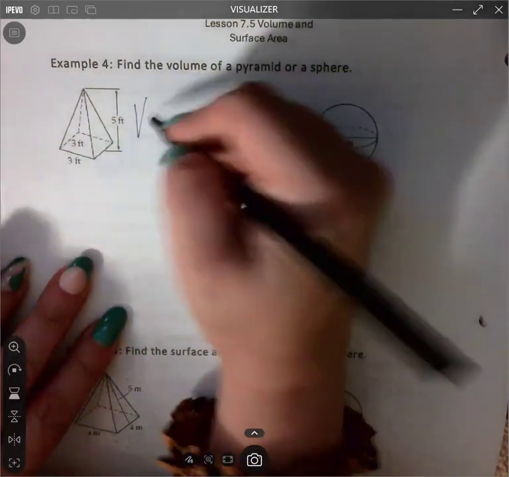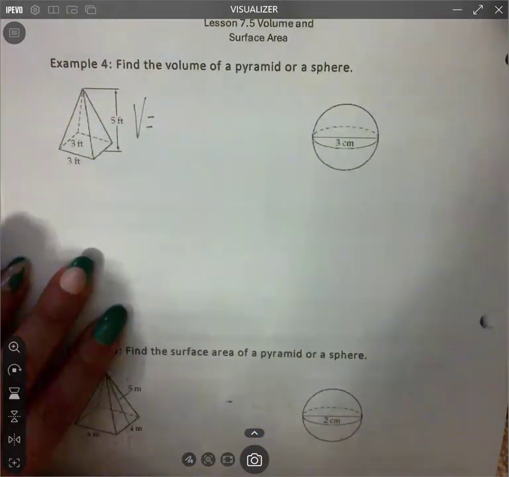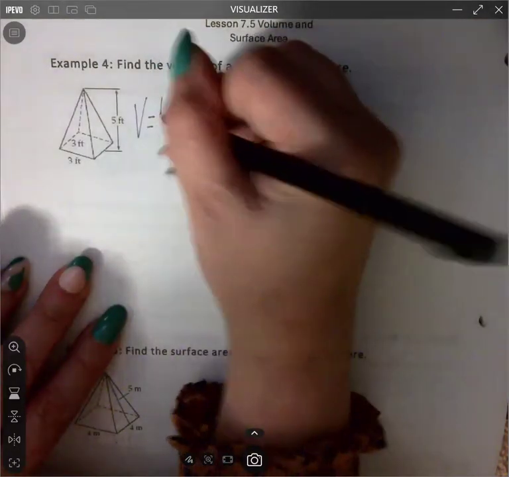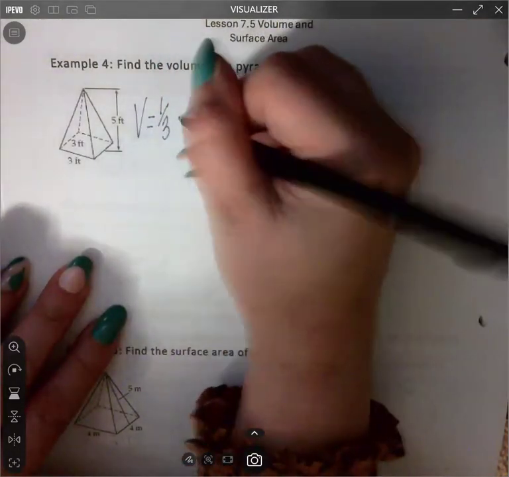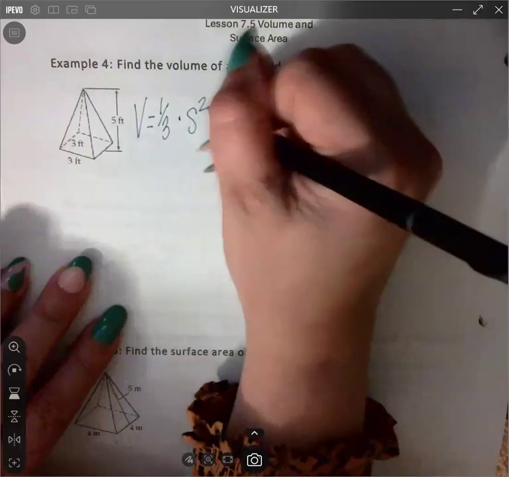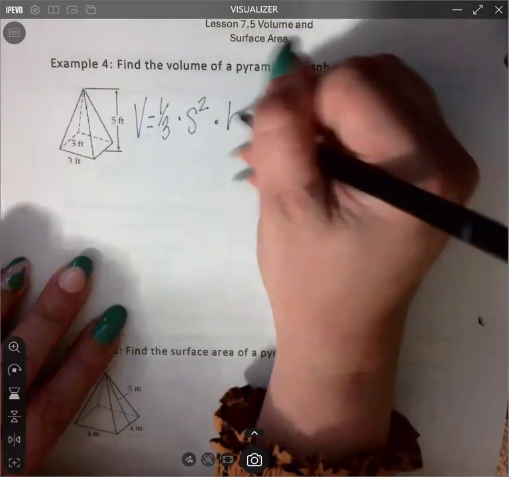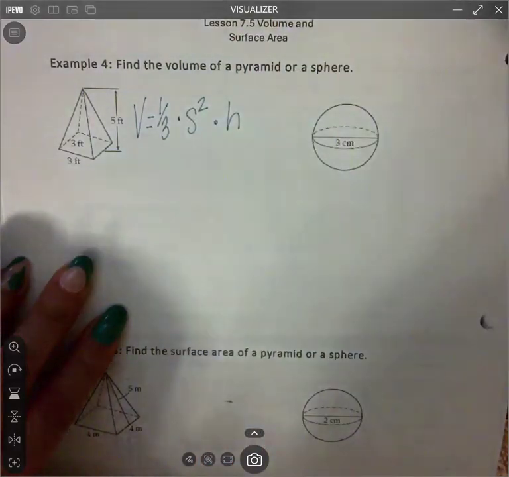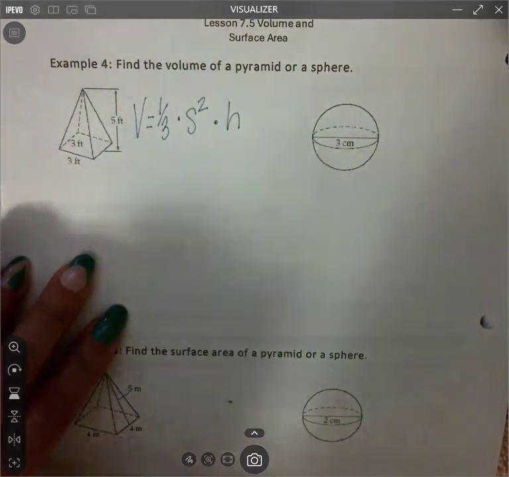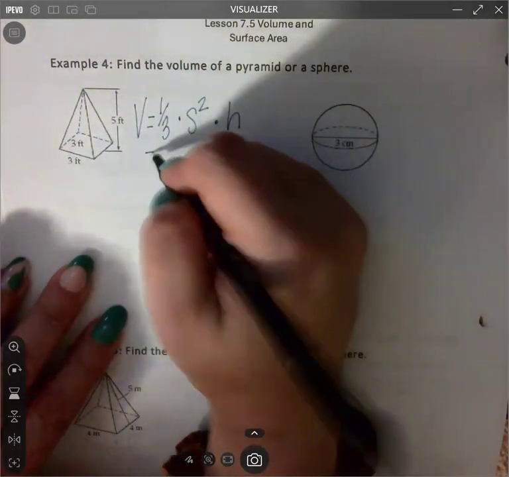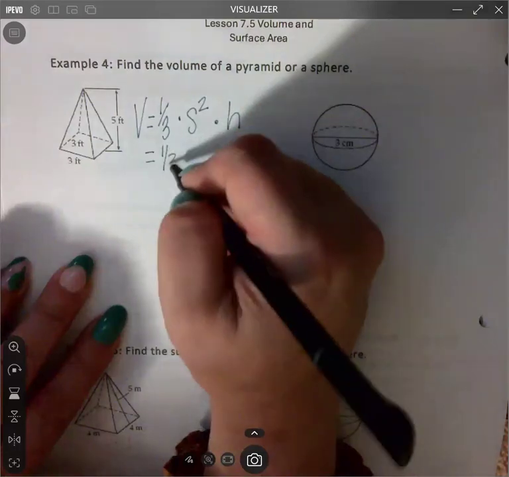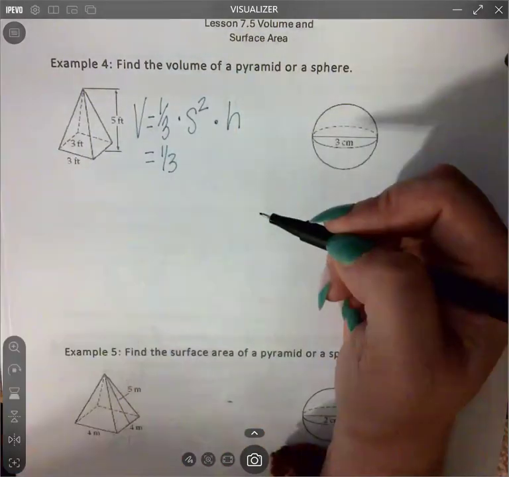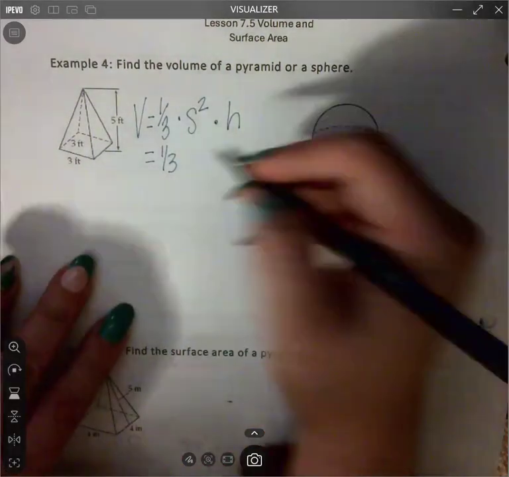The formula for the volume of a square pyramid is 1/3 times s squared times h. S is the side length of the square. H is the height of the pyramid. 1/3 will be a part of the volume of any pyramid.